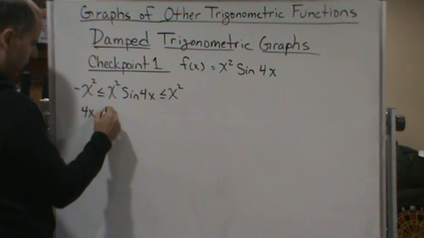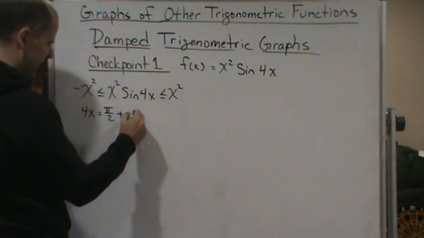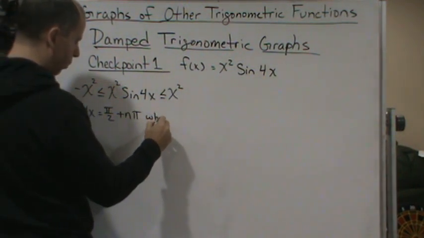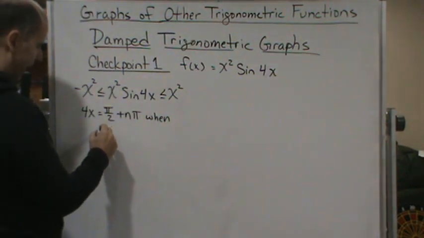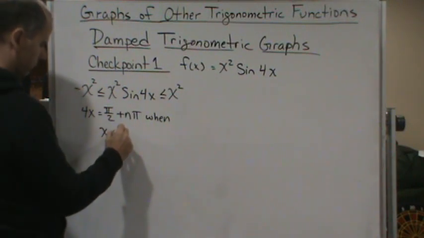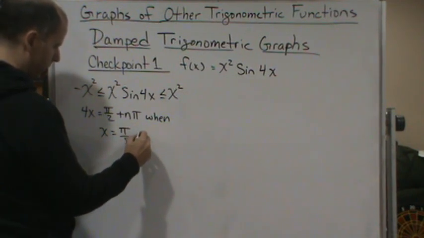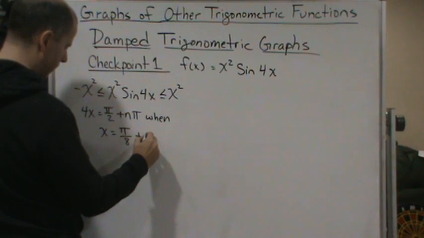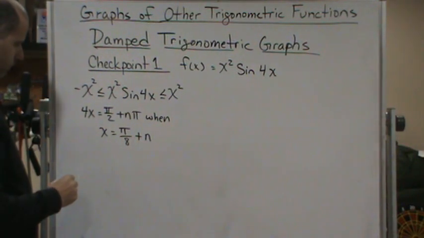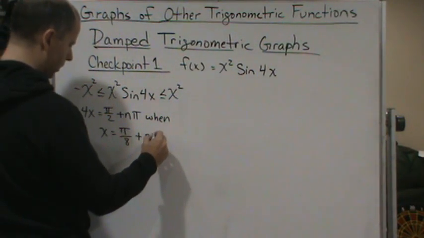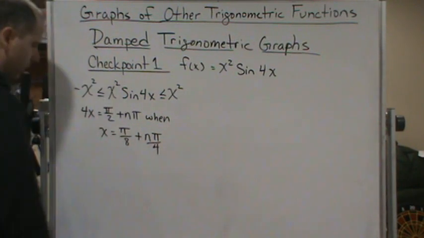4x equals pi over 2 plus n times pi, when x is equal to pi over 8 plus or minus n times pi over 4.